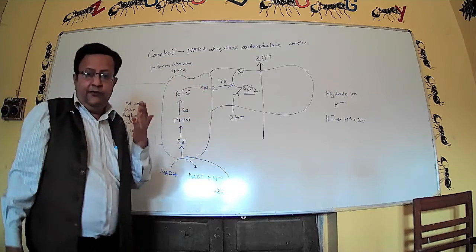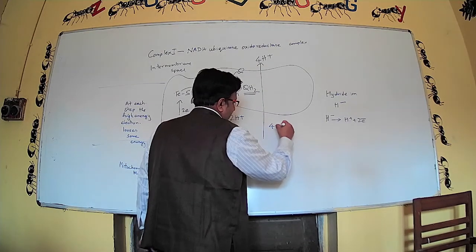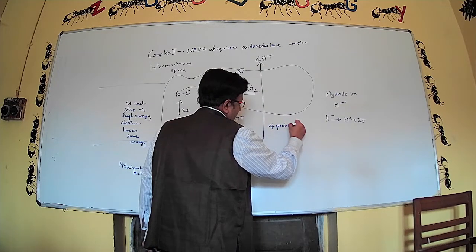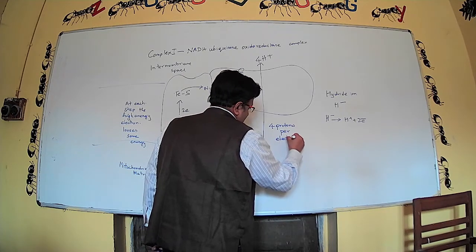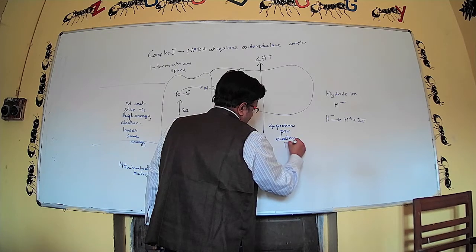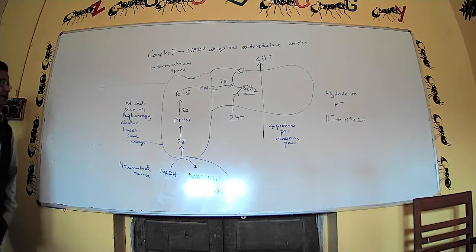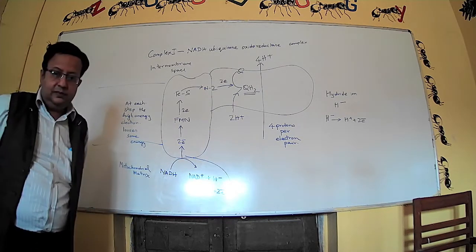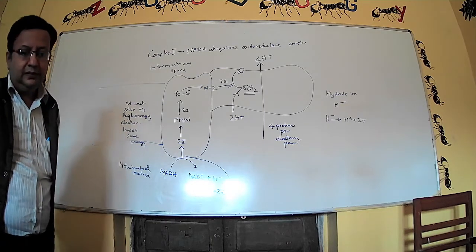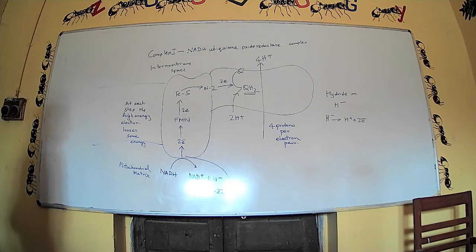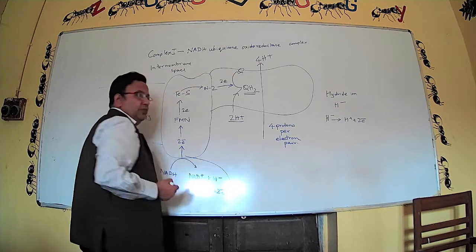So basically 4 protons per electron pair. So basically 2 protons go over here.